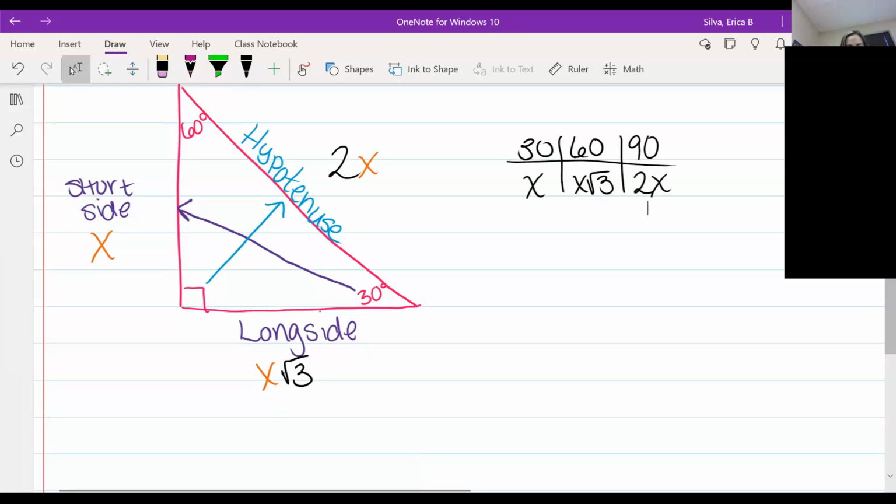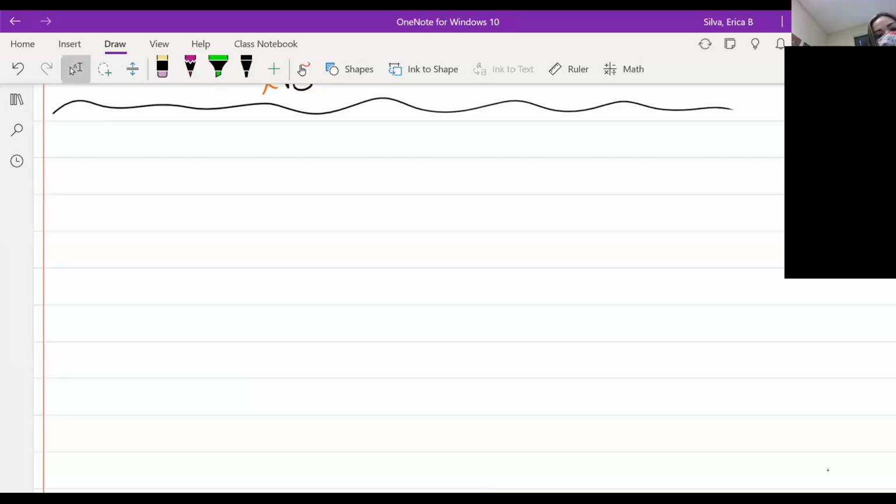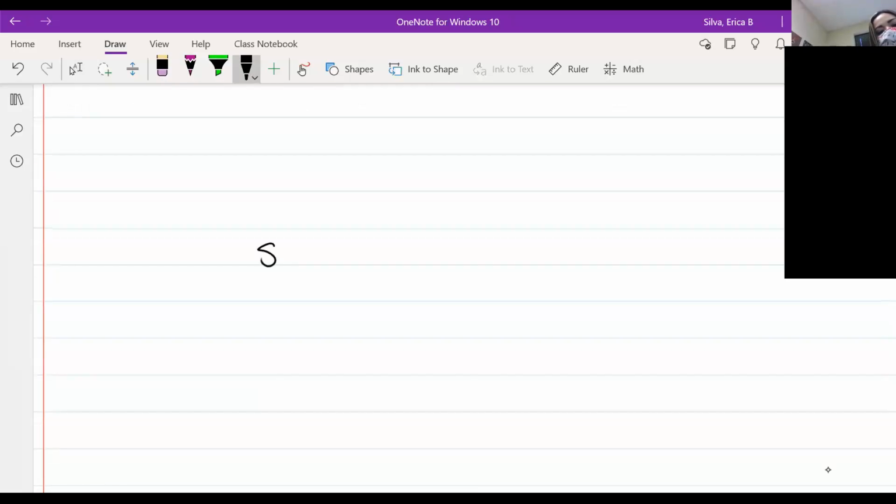I'm going to give you guys a little flow chart where whatever side is given, it'll give you arrows on what to do to that number. All right, so we're going to start with the short side.